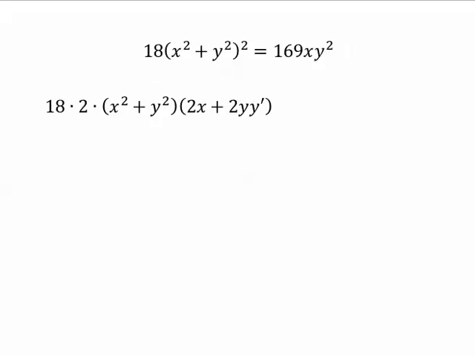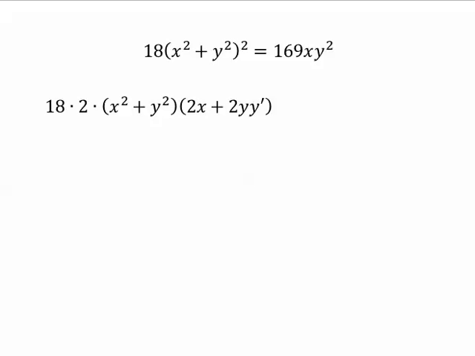Here it is, 18. I bring down the 2. I have x squared plus y squared to the 1 power. And then I go times the derivative of what's inside. The derivative of x squared is 2x, and the derivative of y squared is 2y y prime.